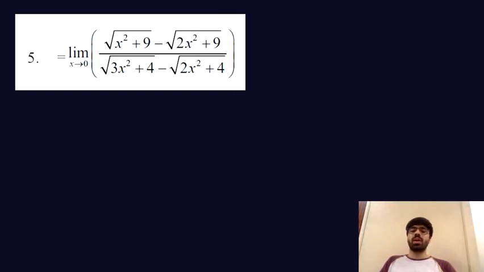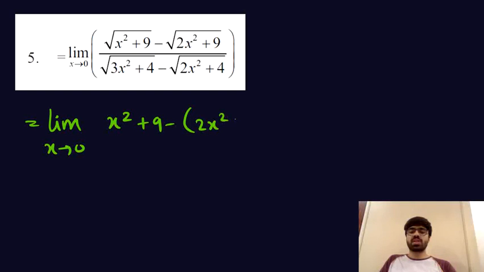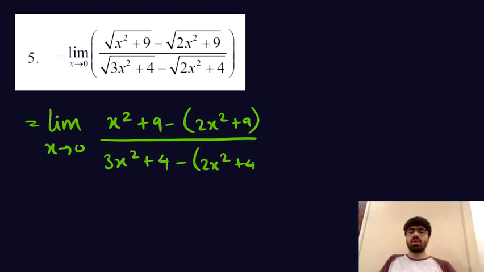Moving on with the fifth one. Again, if you just rationalize this, you will have to rationalize it with the numerator as well as denominator. And if I just skip a few steps, then you should realize that in the numerator it will be root x square plus 9 minus root 2x square plus 9. In the denominator it will be root 3x square plus 4 minus root 2x square plus 4.